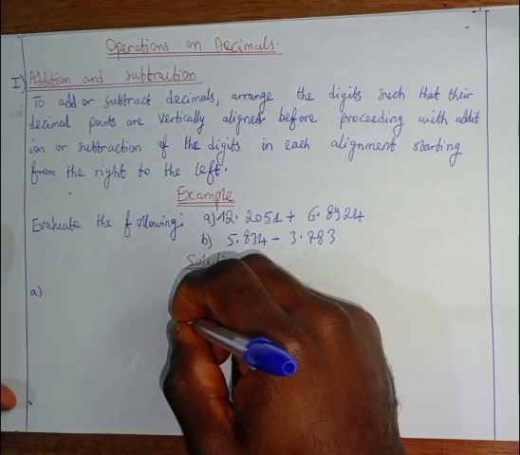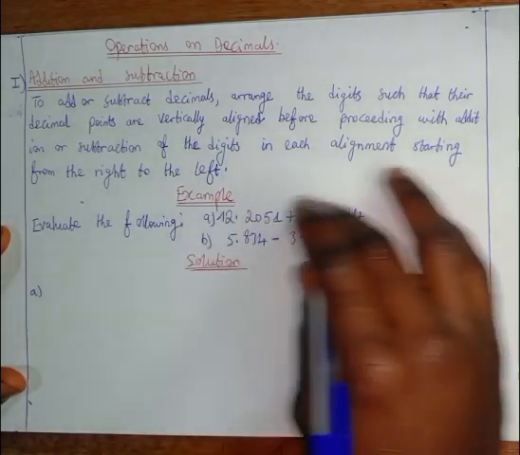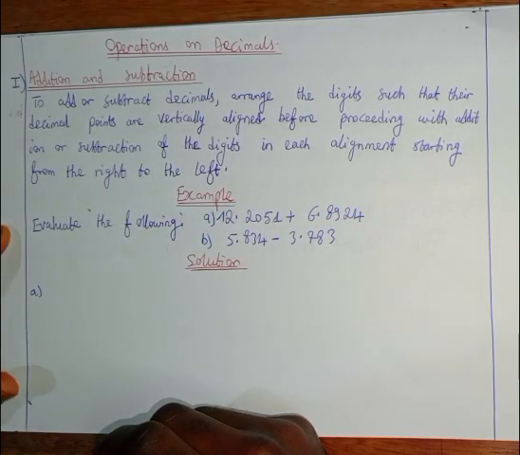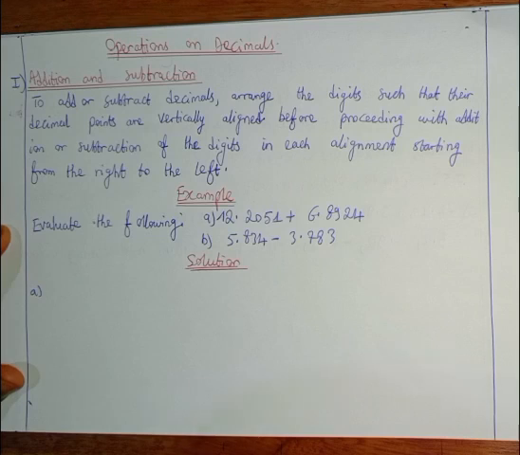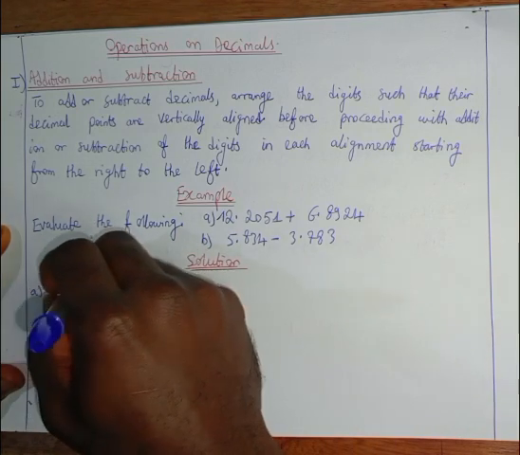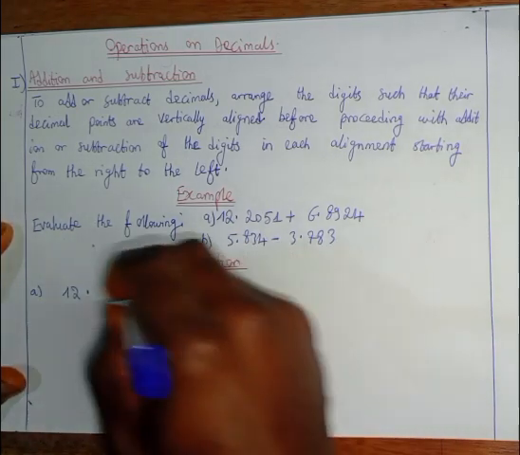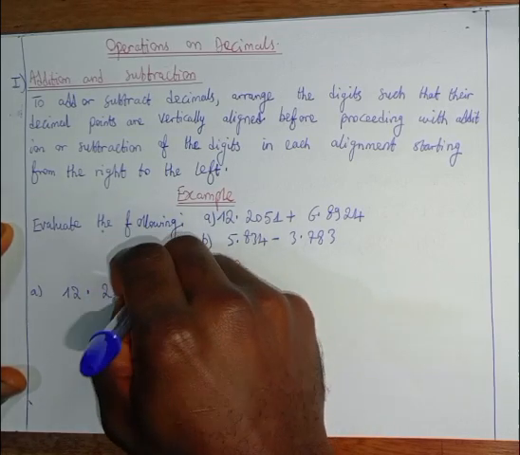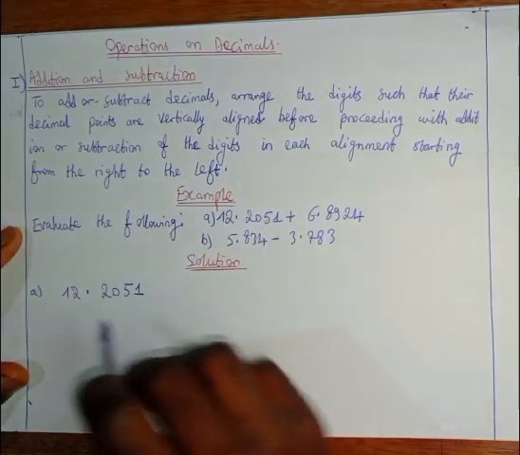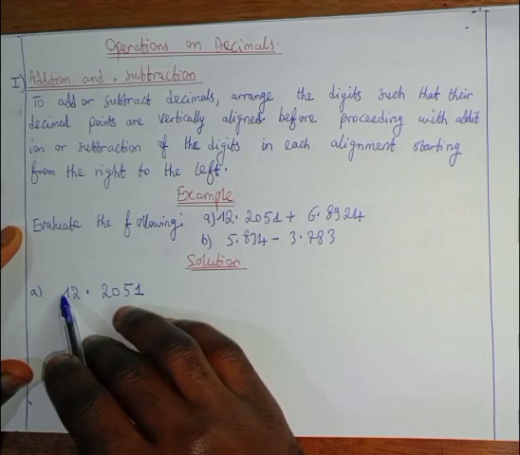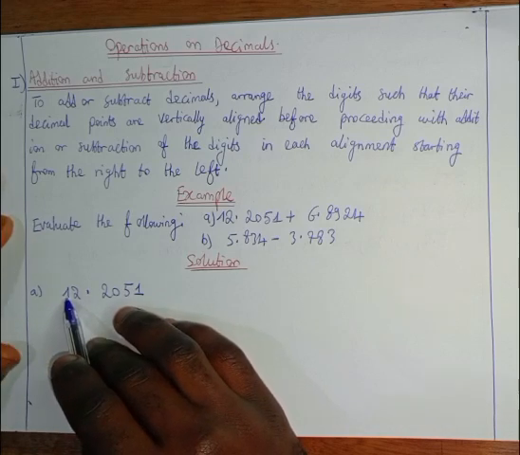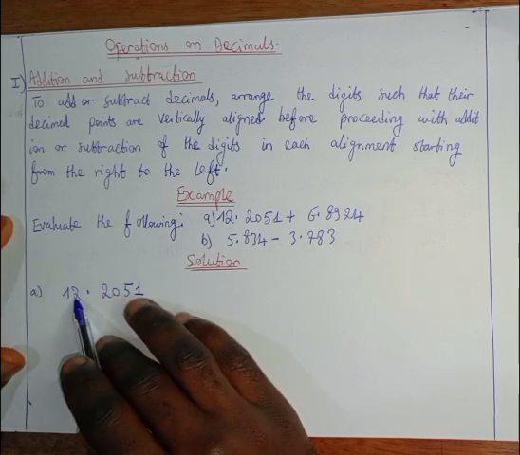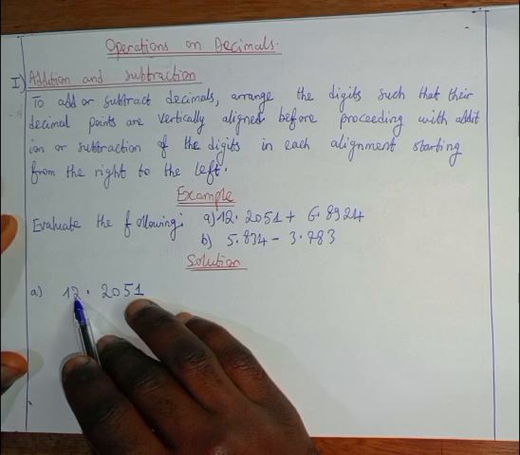For A, first thing, we need to arrange the two numbers such that the decimal points are vertically aligned. We have 12.2051. We know the place value of 1: this one is tens. 2, here we have units.